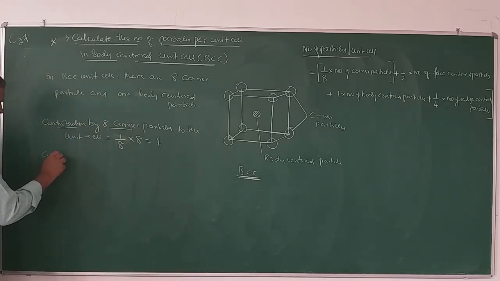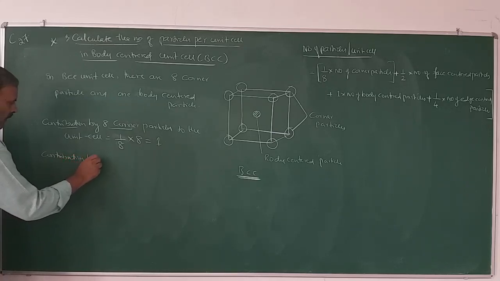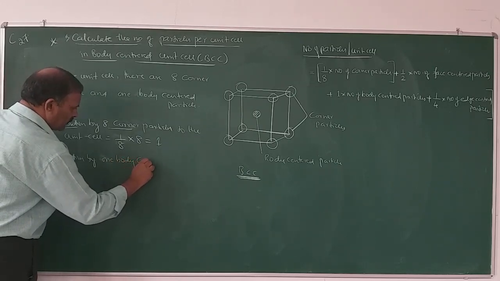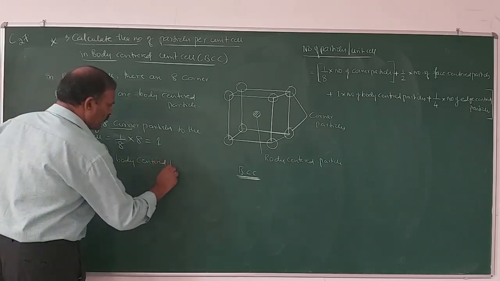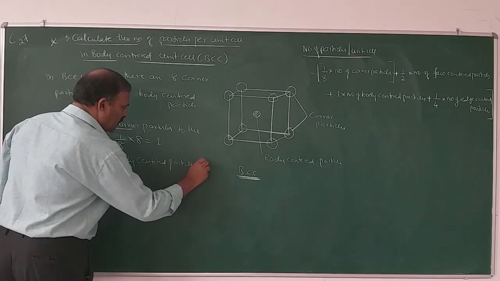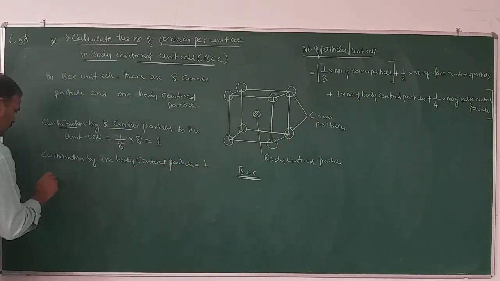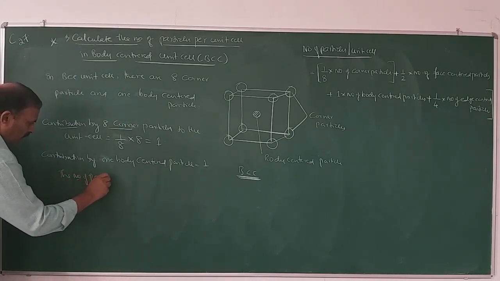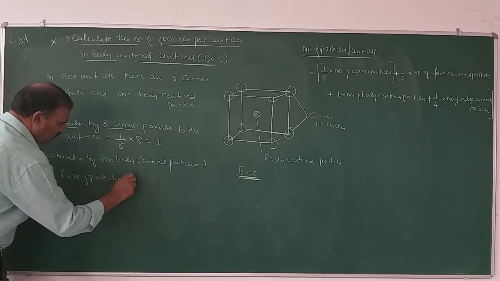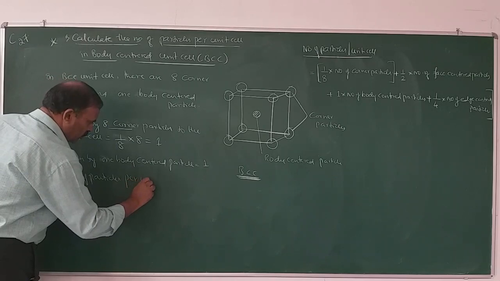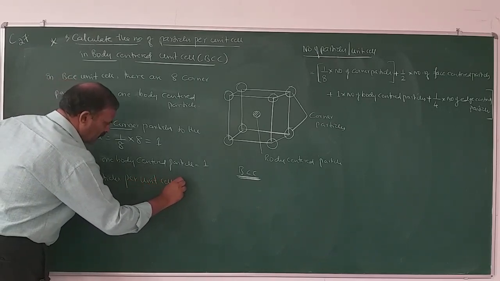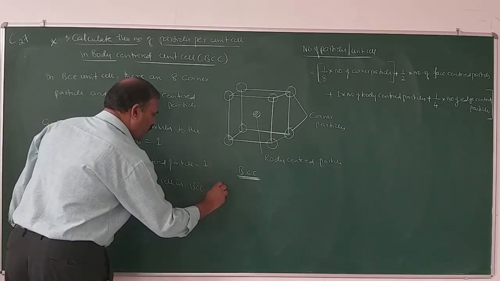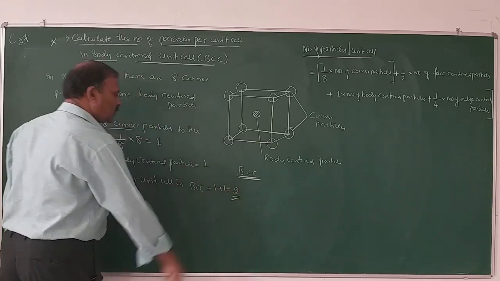Then contribution by 1 body centered particle equals 1. Therefore, the number of particles per unit cell in BCC, body centered cubic unit cell, is equal to 1 plus 1, that is equals 2.